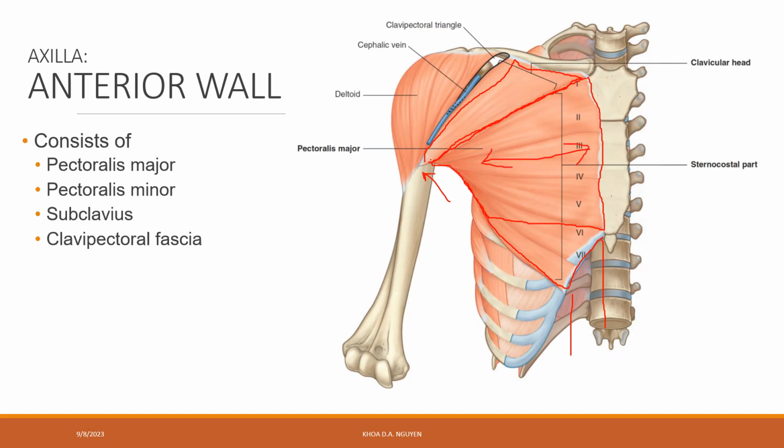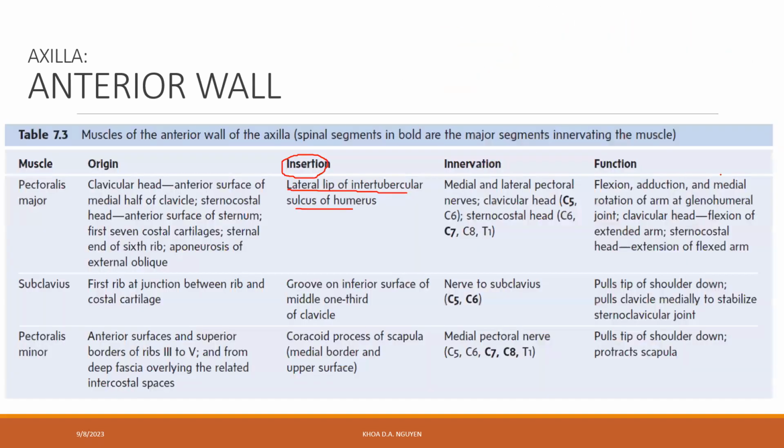The insertion is going to be pulled into here, and because the pectoralis major is in front, or anterior, this humerus is also going to be pulled forward, right? So what are the two major actions of the pectoralis major? It is going to be the flexion of the shoulder joint, as well as the adduction, as well as internal rotation of the humerus, right? Let's see if I'm correct here.